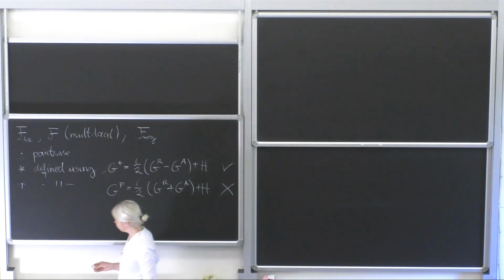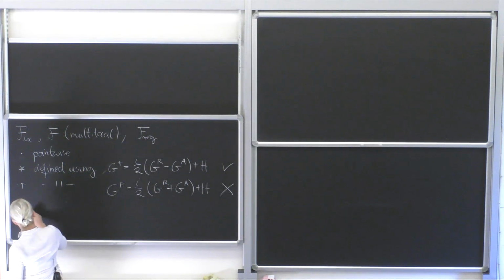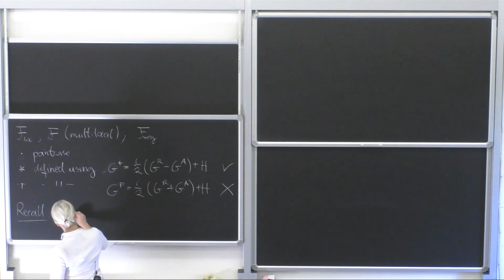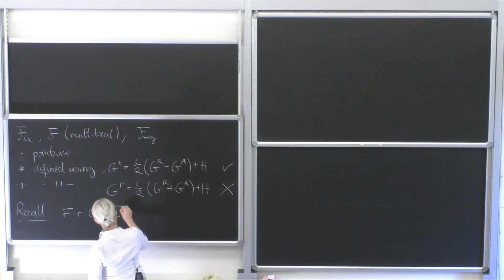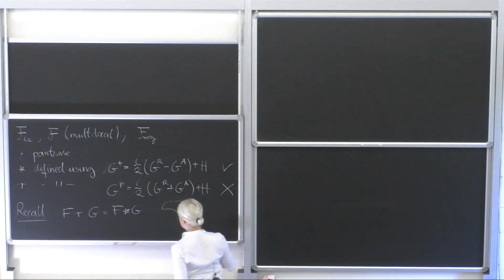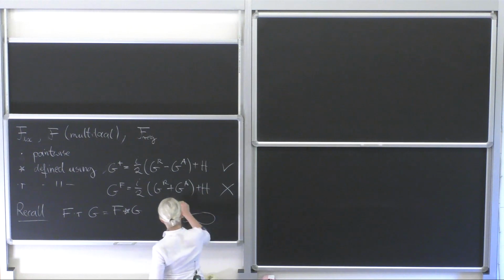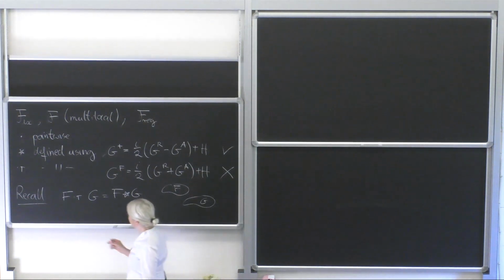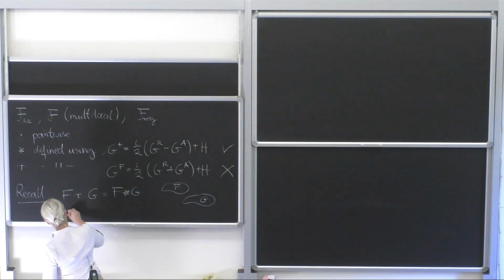I also gave this relation that F time-ordered G is equal to F star G if the support of F is not earlier than the support of G, and the other way around.